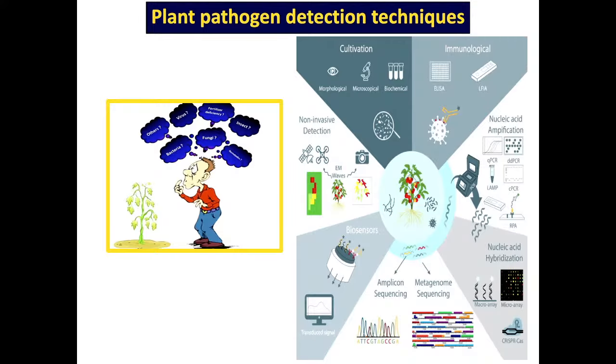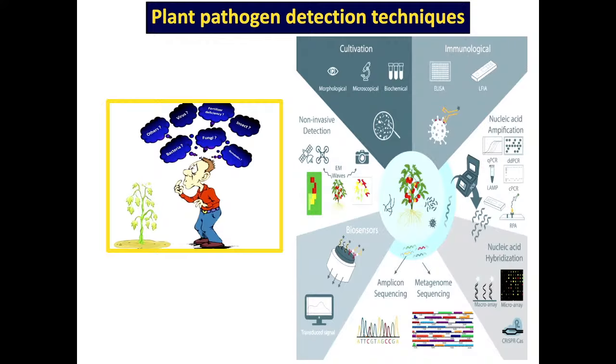So for pathogen detection, we need to know what it is. Nowadays there is confusion whether symptoms are due to deficiency or some other fungal or bacterial pathogens, because necrosis is also one of the symptoms caused by viral diseases. So we have several methods.